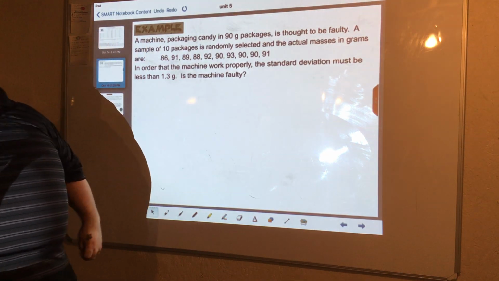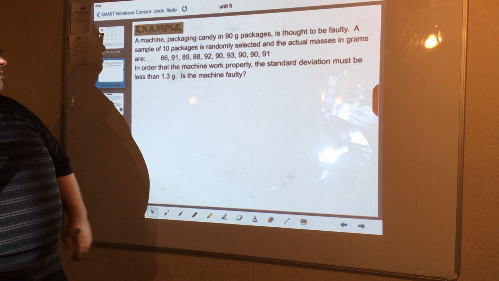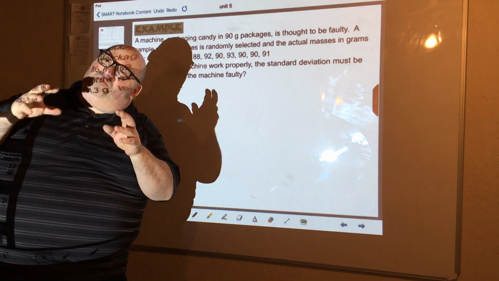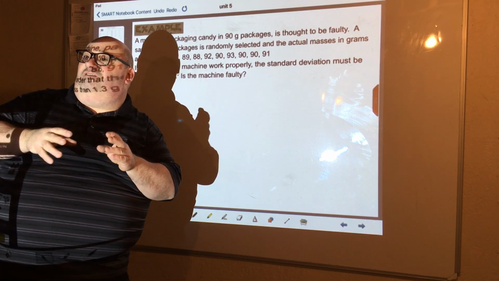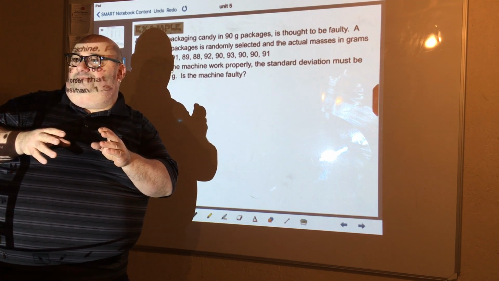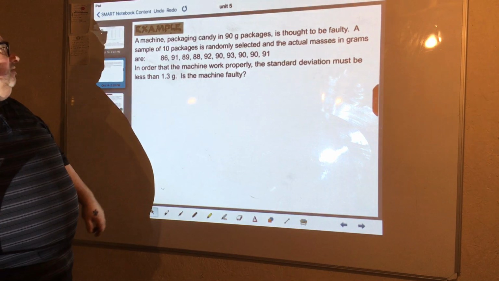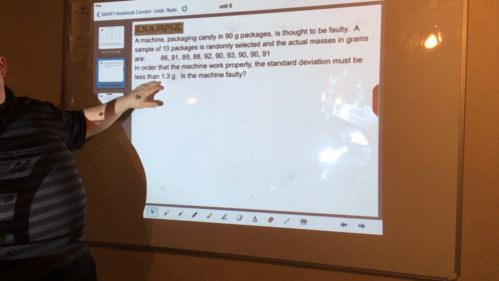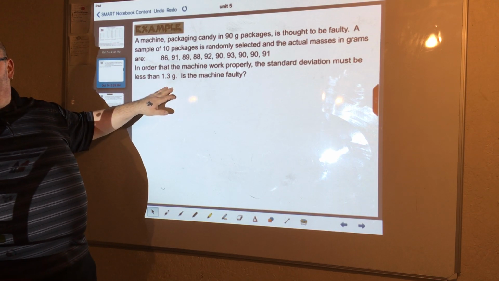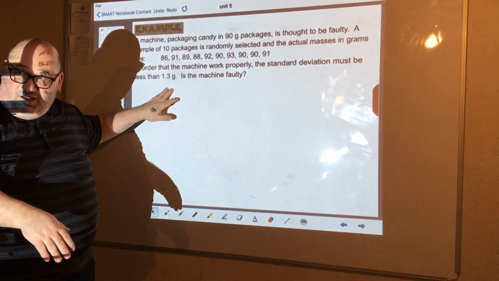Now, if the machine is working properly, right? Because not every bag of chips or candy is going to actually have the 90 grams in it that it says it does, right? But so long as the deviation is less than 1.3 grams, they're okay with that.